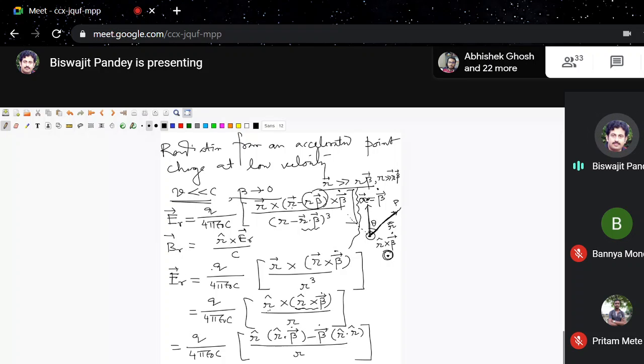That means the electric field that arises because of this moving point charge will have a direction which is perpendicular to this r vector, this curly r vector, which is pointing from the source point to the field point. That is what I want to say, right?